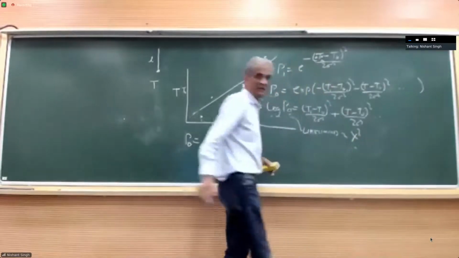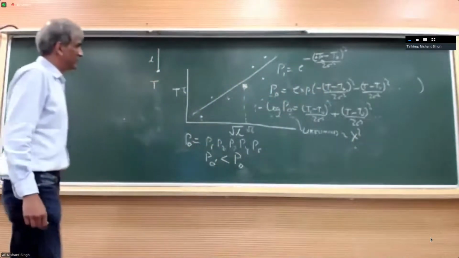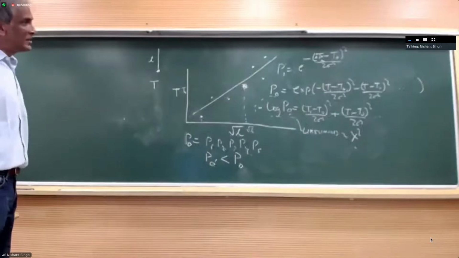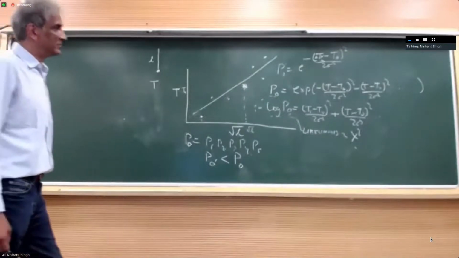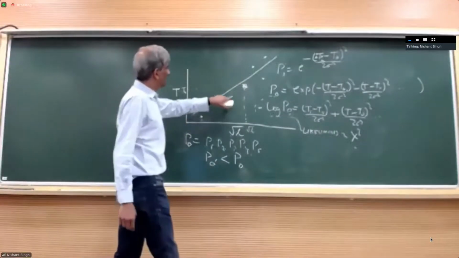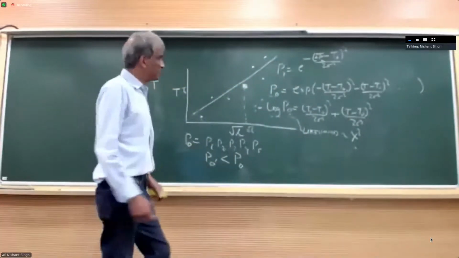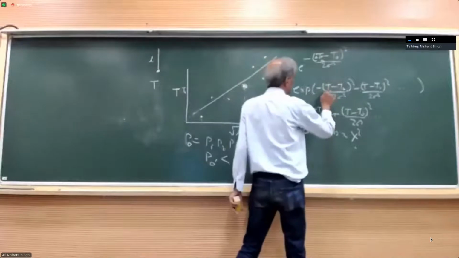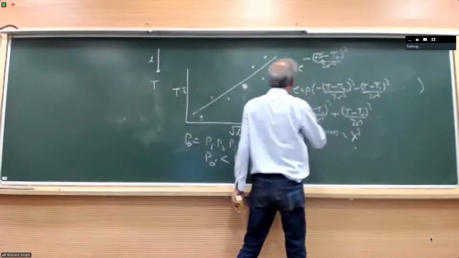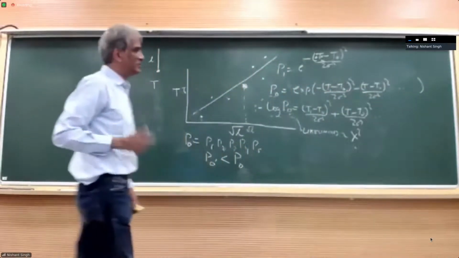Why it is called chi-square is another thing I can go to. Whenever you calculate the chi-square, for all these 5 experiment points, I can calculate chi-square and I get a value. But actually, I should put it in this form and find P0. I'll find it to be very, very small.